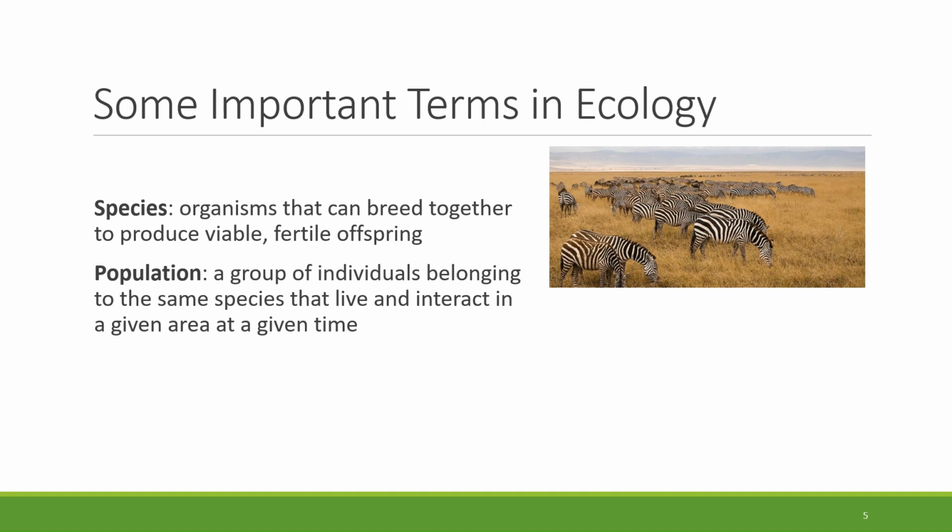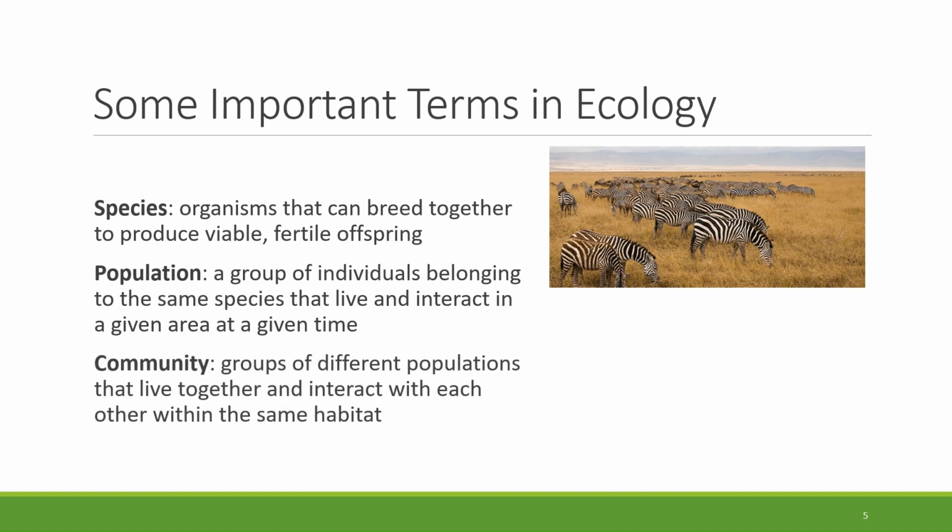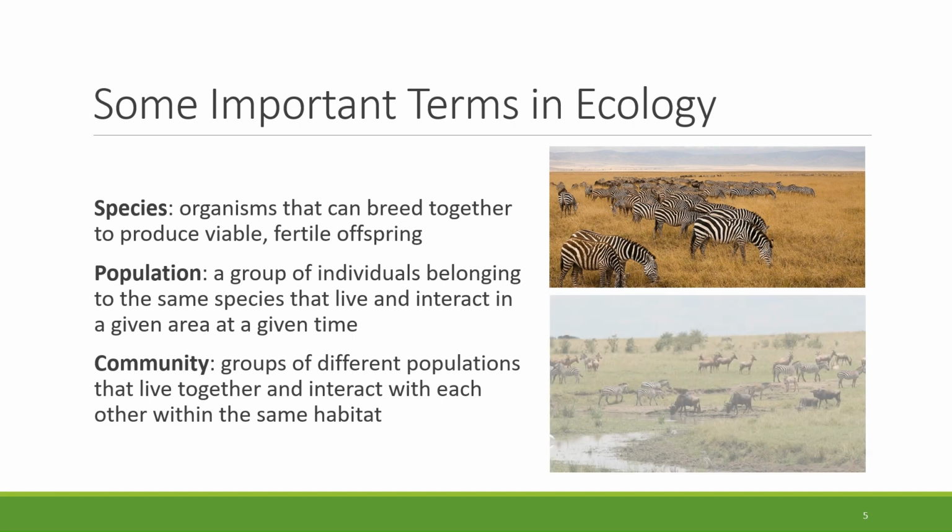When you're looking at multiple populations of different species, the term used to describe this is community. A community is defined as groups of different populations that live together and interact with each other in the same habitat. So that zebra population in the grassland would inevitably live within a community of other grassland organisms.